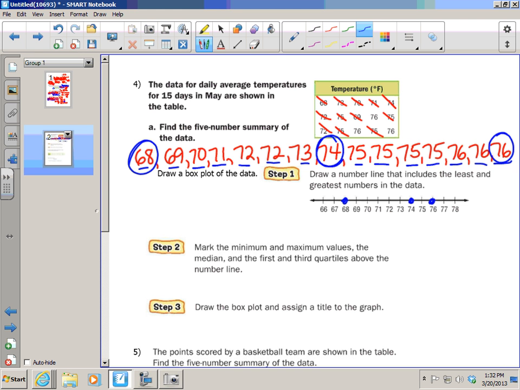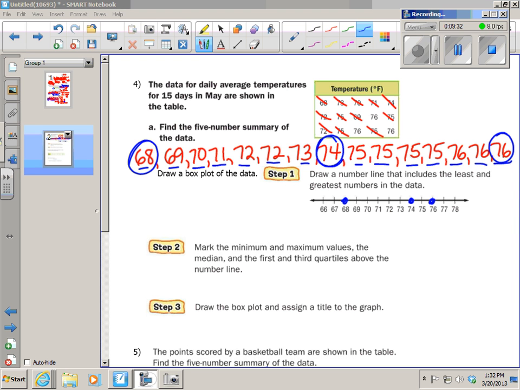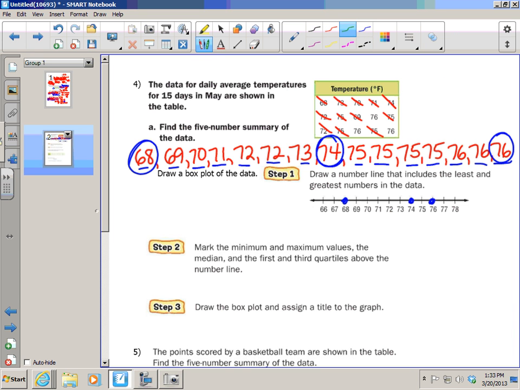And now I'm going to find the median of this lower piece of data. So I find the median of the lower information. I'm going to do this in green. Which puts me at 71. I place a dot on the number line at 71.